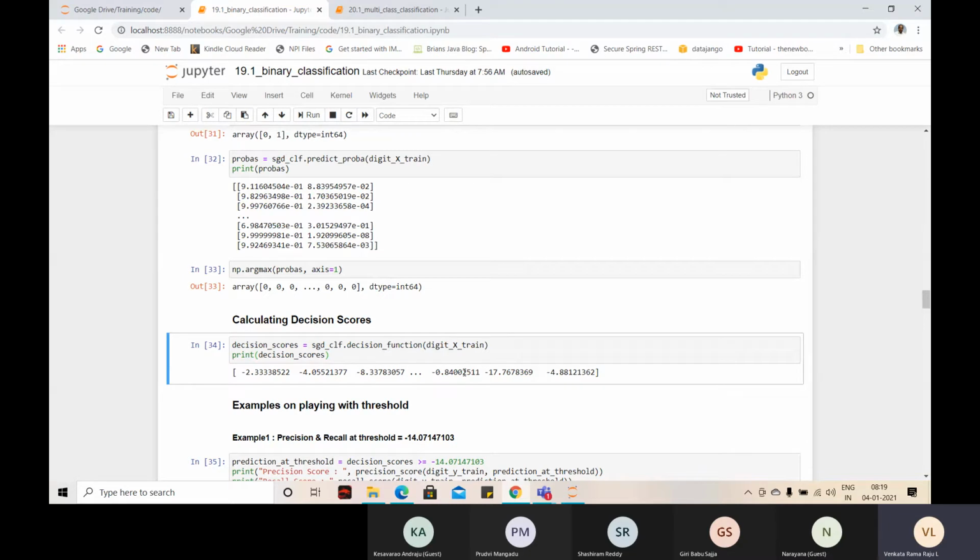If the record belongs to 1, the decision score for class 1 is going to be positive and the rest of the classes negative. If the record belongs to 6, the decision score for 6 is going to be positive and the rest negative. What Shashiram said was that even for a record belonging to 6, there can be a negative decision score. That is not going to happen. The example is this one only.